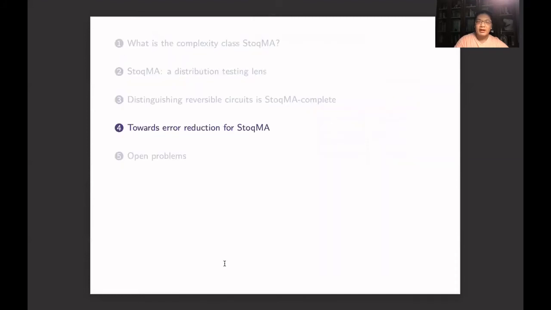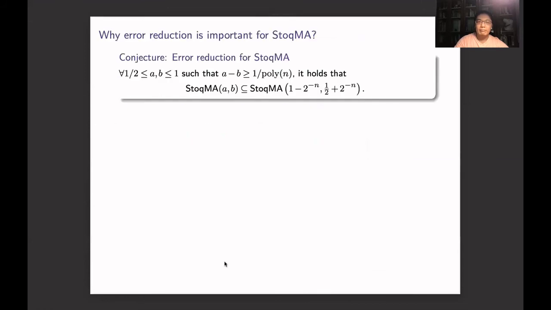Okay, now it's my third result. It's about error reduction for StoqMA regarding soundness. So why is error reduction important for StoqMA? Here's a conjecture. If we do have error reduction for StoqMA, it should look like this.